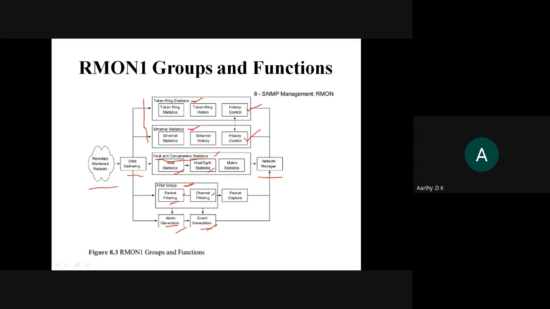Once you have an exception, the exception is handled. So when an alarm is generated, you need some event to be performed. That is done here. The output of the packet filtering is given to the channel filtering because once it is filtered, we consider it to be a channel.